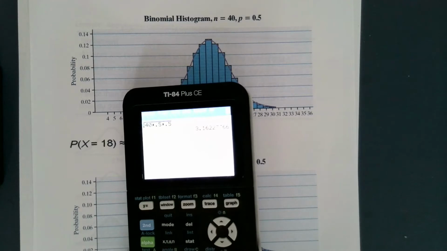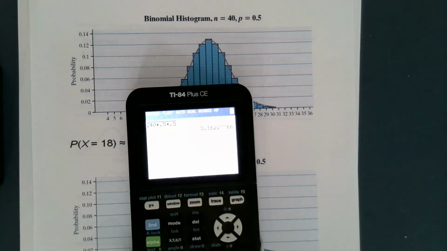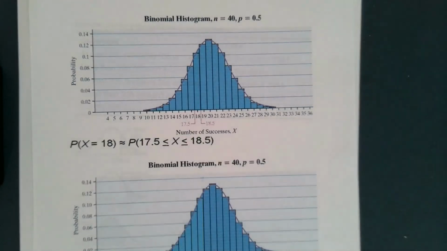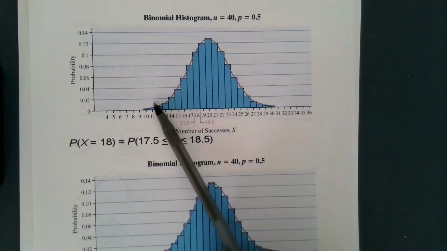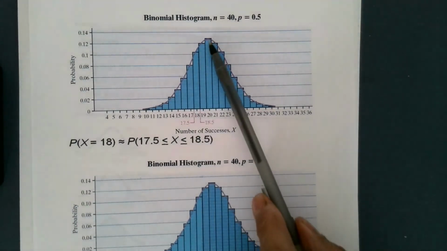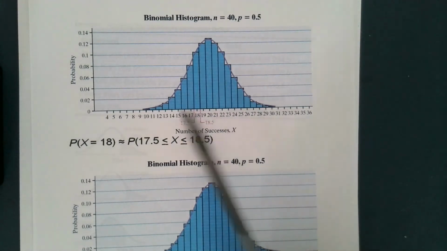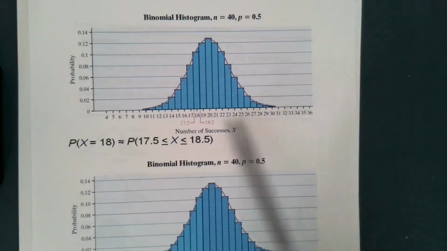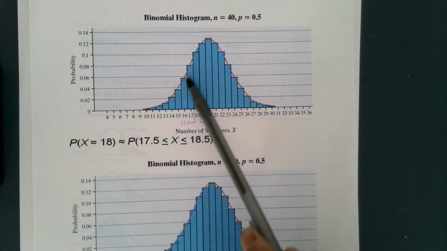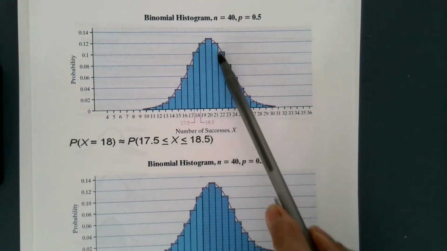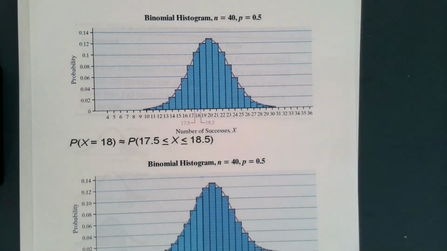So it would be 3.16 for the standard deviation. This picture shows a normal distribution with a mean of 20 and a standard deviation of 3.16. You can see it fits fairly nicely here. It looks fairly close to the shape of the histogram.